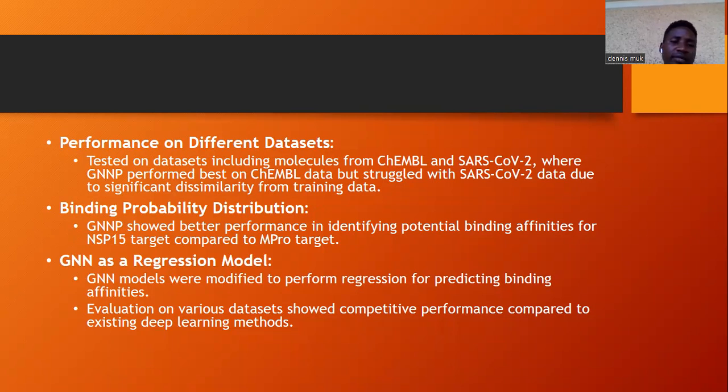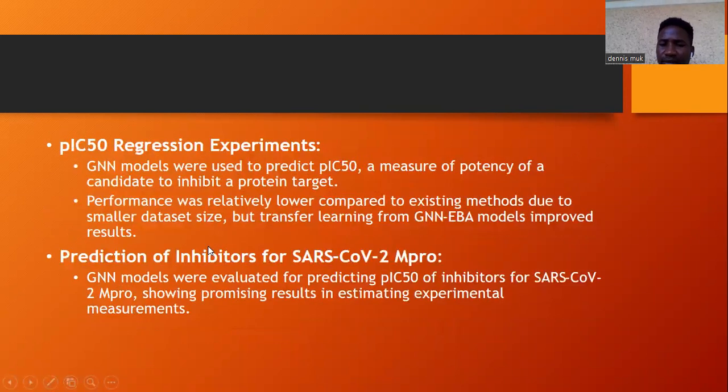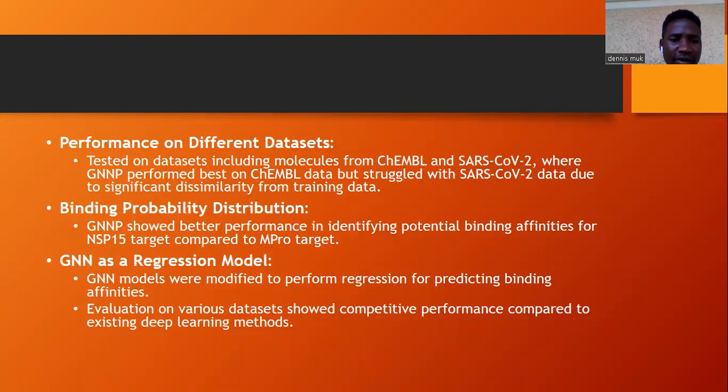So in the aspect of graph neural networks as a regression model, GNN models were modified to perform regression for predicting binding affinities.